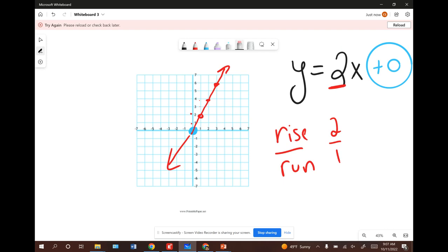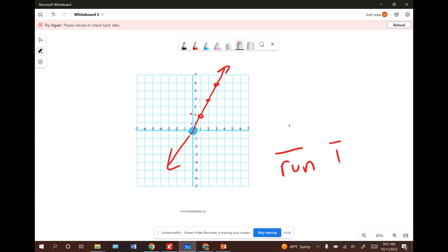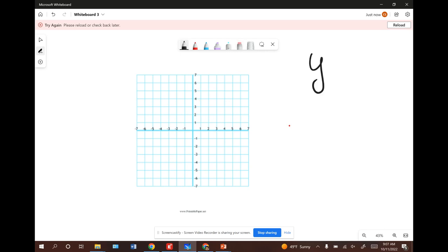All right, let's try another example. This example is y equals 5. Now on this one, you notice all you have is the lonely guy. That's my y-intercept. I don't have anything next to it, so I'm looking for the slope.